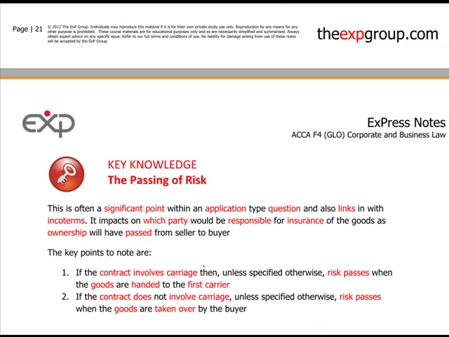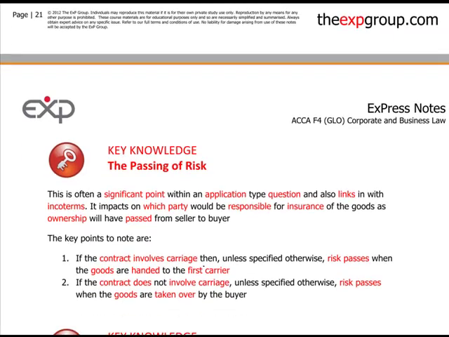Passing of risk is a significant point within an application type question, as it links to the Incoterms. It helps to explain which party will be responsible for insurance of the goods as they move in transit, particularly on a ship.